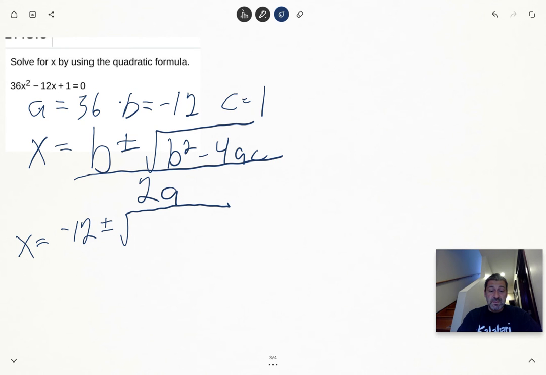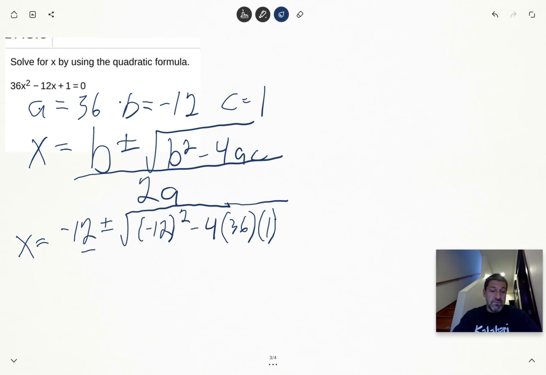b squared again. I'm going to use my b again, so it'd be negative 12 squared minus 4 times a times c. My a is 36, and my c is 1.